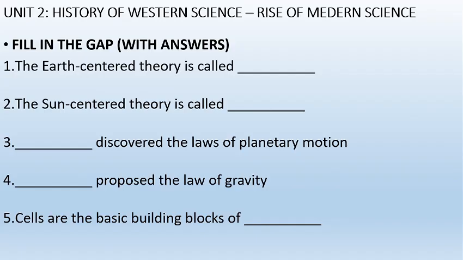Cells are the basic building blocks of living things. Between you putting body and living things, which one is better? Living things is better because animals have cells, even plants have cells, human beings also have cells.